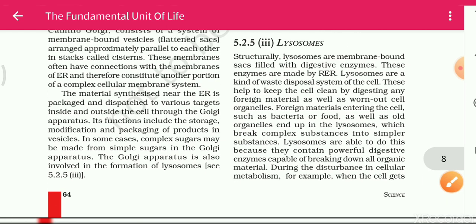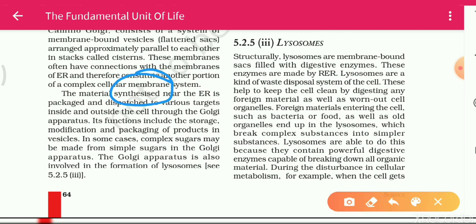The material synthesized, students, means made, near the ER is packed and dispatched to various targets inside and outside the cell through the Golgi apparatus.